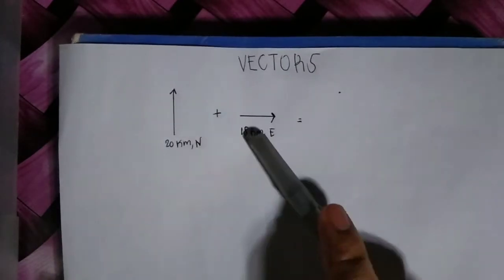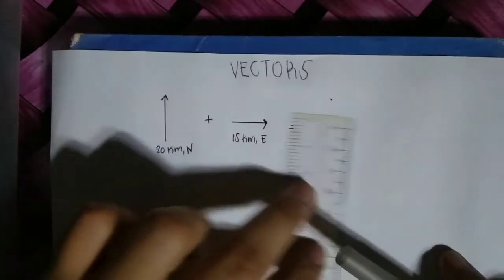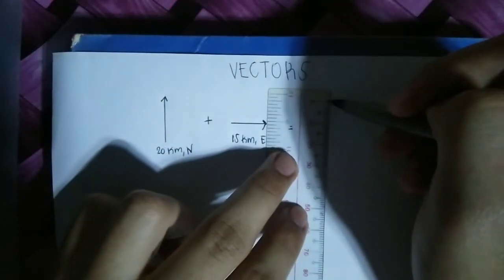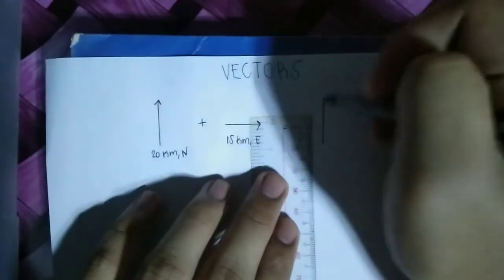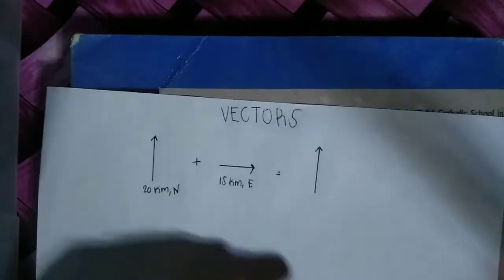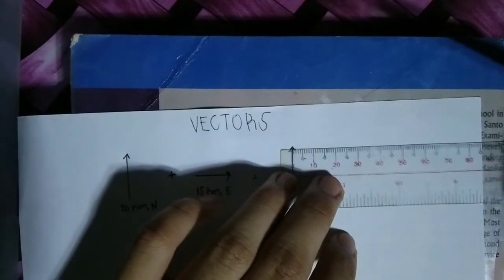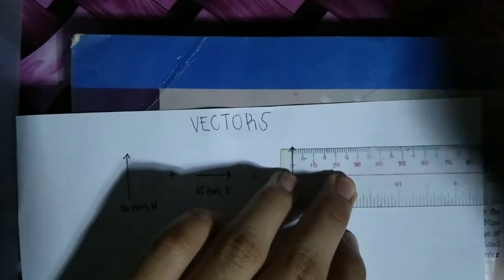Simply, we will add these two different lines and we will get this. So we have 20 kilometers north, then we have the 15 kilometers east.